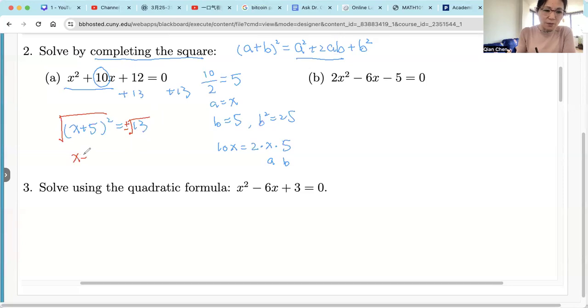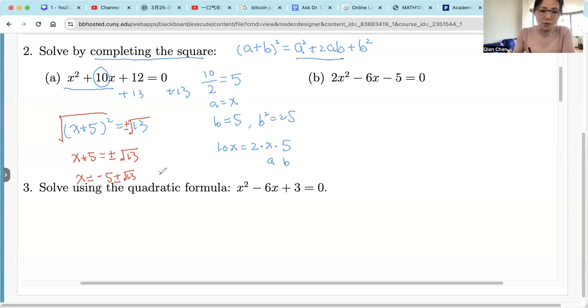So get x plus 5 equals plus minus square root of 13. Square root cancel out each other. Now we move positive 5 to the right-hand side, becomes negative. So we have two solutions. Negative 5 plus radical 13 and negative 5 minus radical 13.